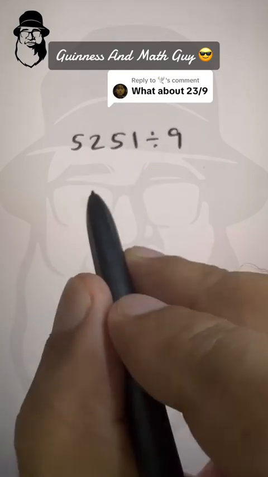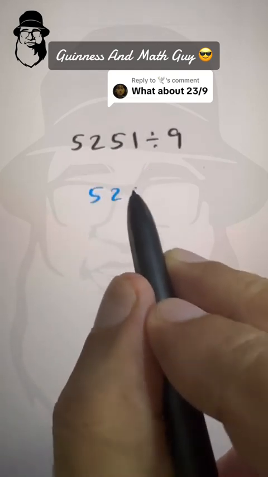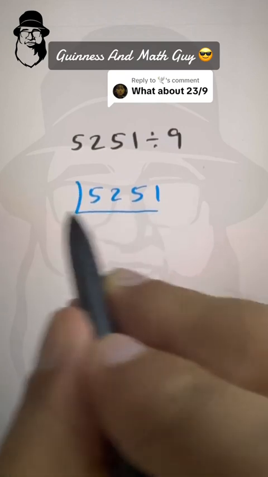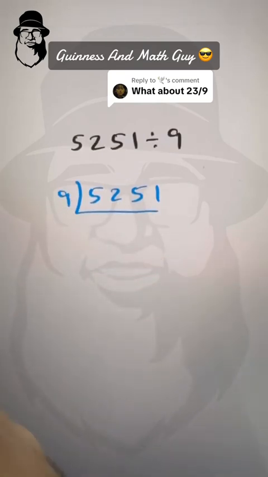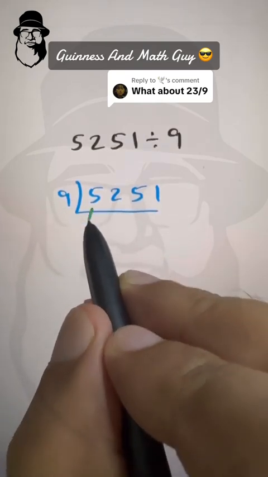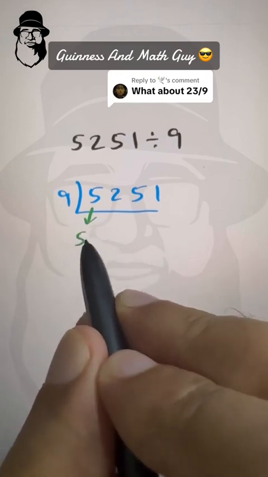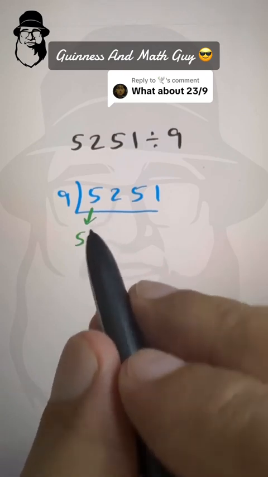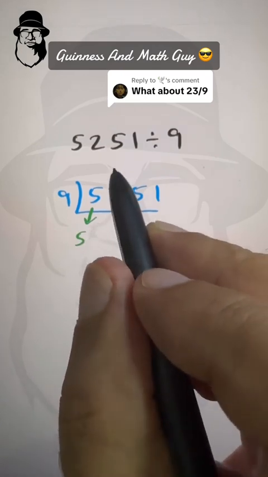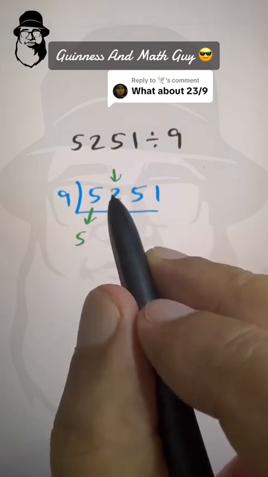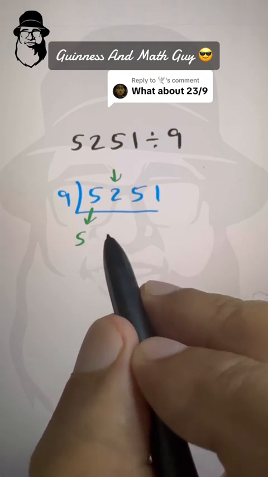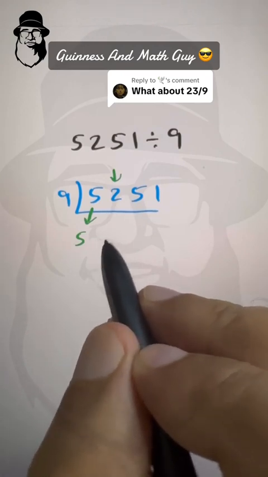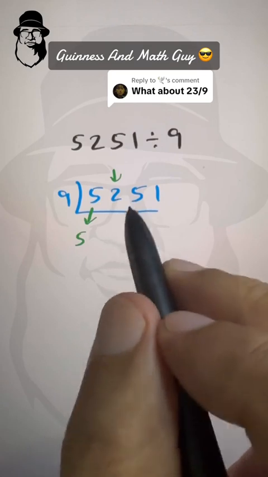We have this 5251 divided by 9, and bring this 5 here, and we write 5 here as it is because 5 plus 2 is 7, no problem. So in the next step, we add this 5 and this 2 to get 7. But before writing 7 here, I know 7 plus the next 5 will give me a 2-digit number, 12.